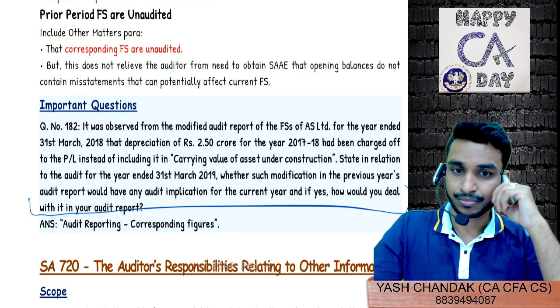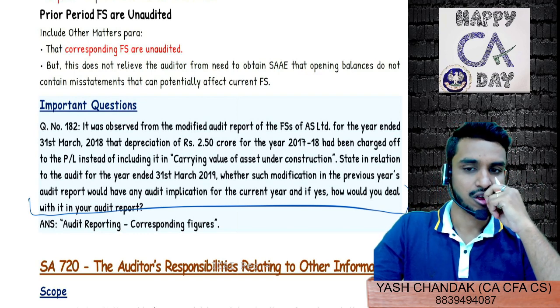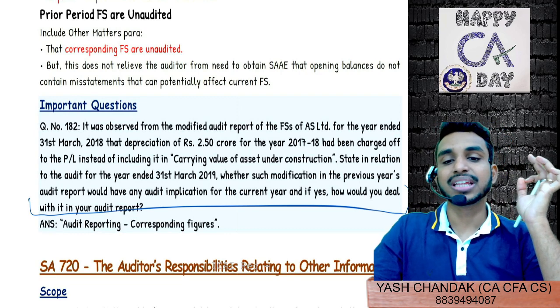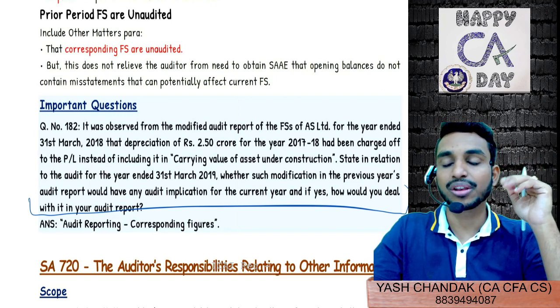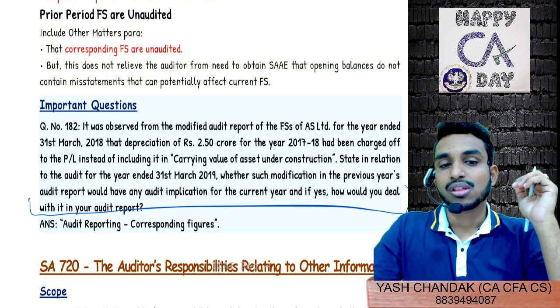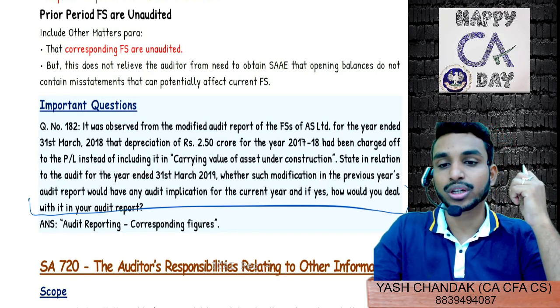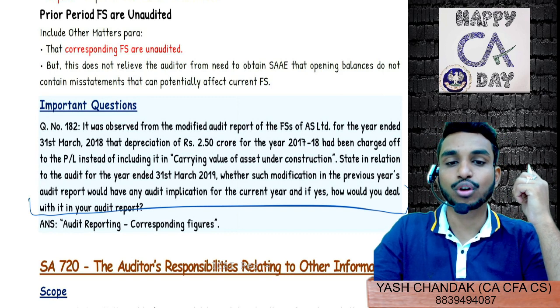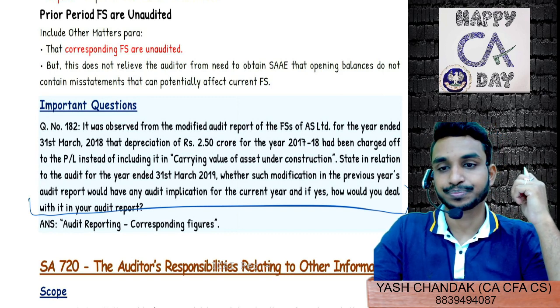So the question is requiring the advice of the auditor on how to deal with this situation. So in the prior period there was an improper financial statement, you can say a material misstatement. So whether such modification in the previous year's audit report would have any audit implication for the current year, and if yes, how? Achha, that is the second question.